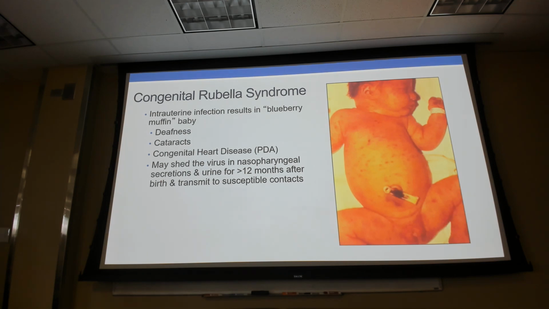And so if you don't have actin that's going to be able to close that as soon as they are born, now they have a persistent ductus arteriosus. So they have a PDA because in that first trimester, it didn't form correctly in that assembly of actin. The other thing that doesn't form correctly is the temporal bone. So the temporal bone, you can end up seeing some sensorineural hearing loss as a result of this. So that's one of the things.